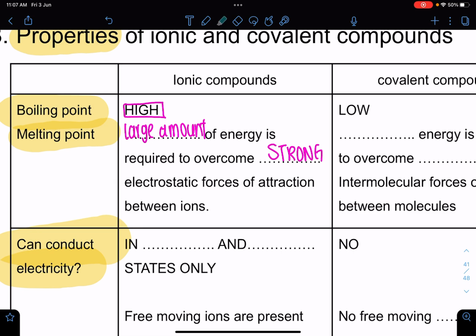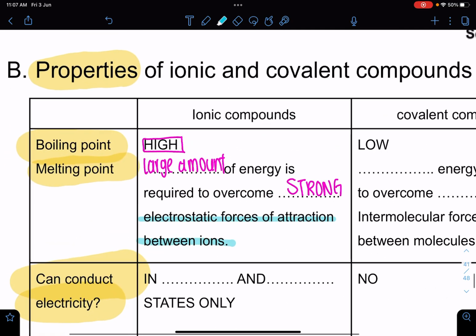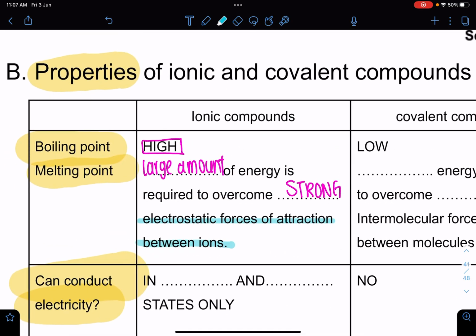So it is very important for us to remember this phrase: electrostatic forces of attraction between ions. These refer to all of these blue bolded lines that I'm highlighting now. So during boiling and melting, all of these bonds have to be broken, and in order to break all of these very strong bonds, you need high amounts of energy. That's why they have high melting and boiling points.